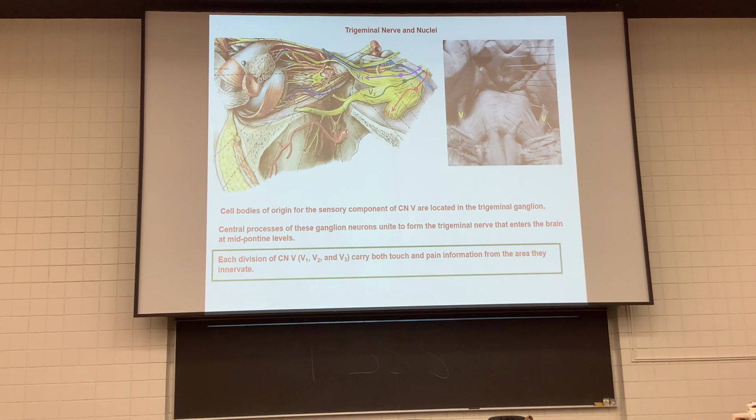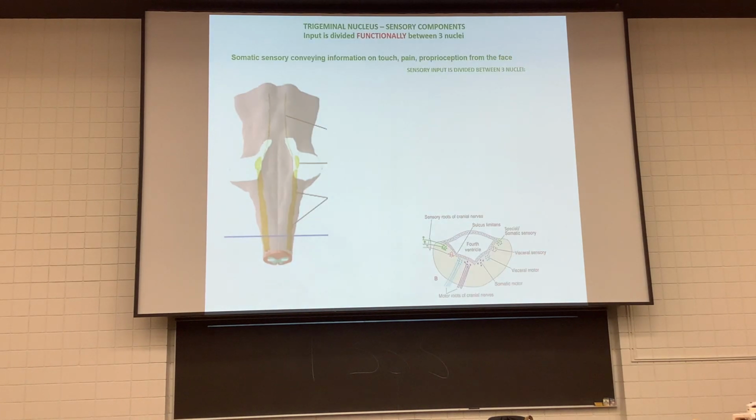Now, what happens when it gets into the brainstem? Those sensations get separated. There are specific nuclei that deal with pain. There is a specific nucleus that deals with touch.